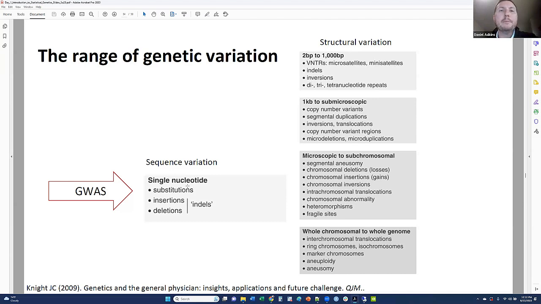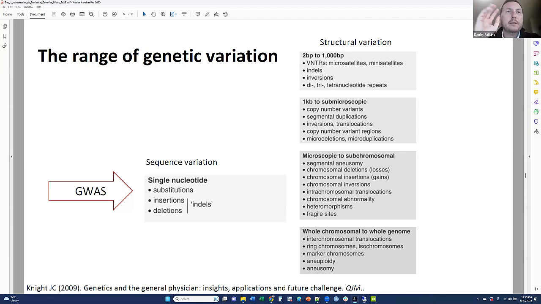SNPs are primarily what we deal with in statistical genetics. But there are other forms of sequence variation as well. There are also indels, a combination of the words insertion and deletion. These are places where you might have one base or a few bases that occur in some individuals in the population, but are absent in other individuals.